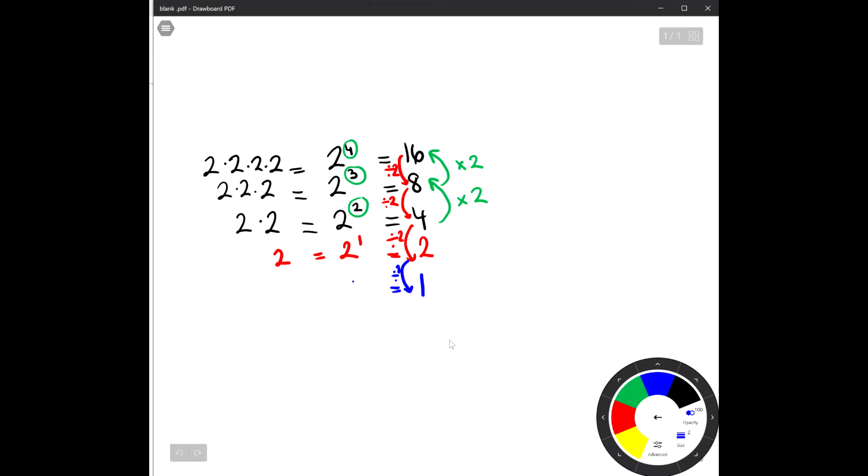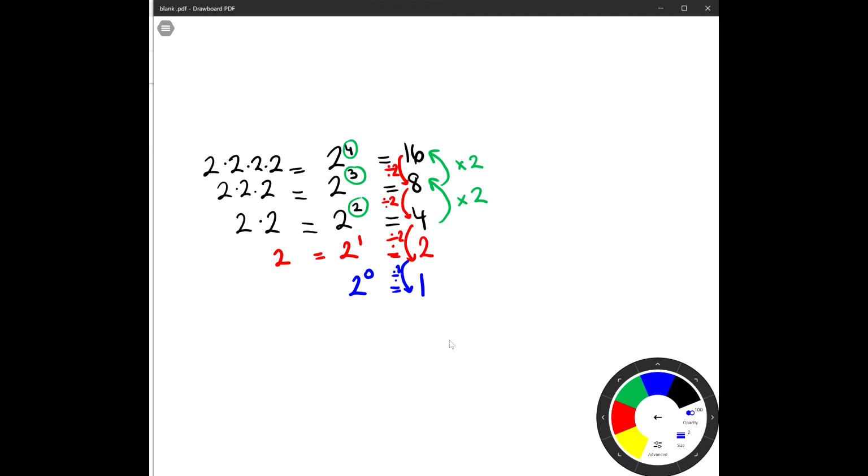So then I have 2 raised to the 0 power. So we just found out that 2 raised to the 0 power equals 1.